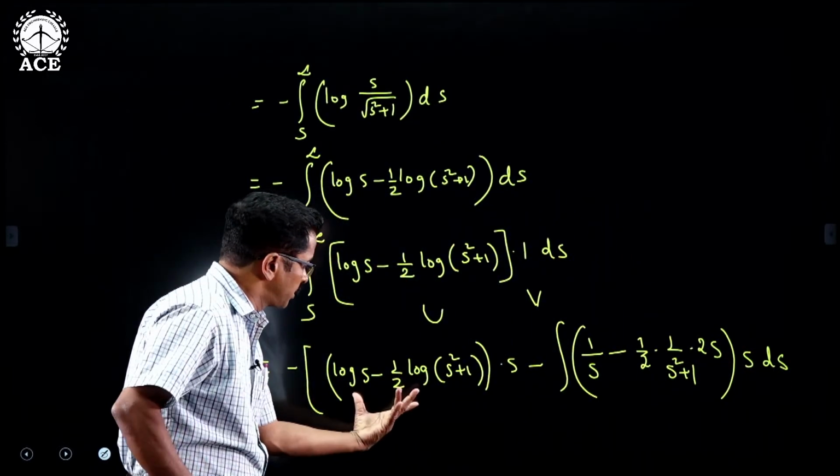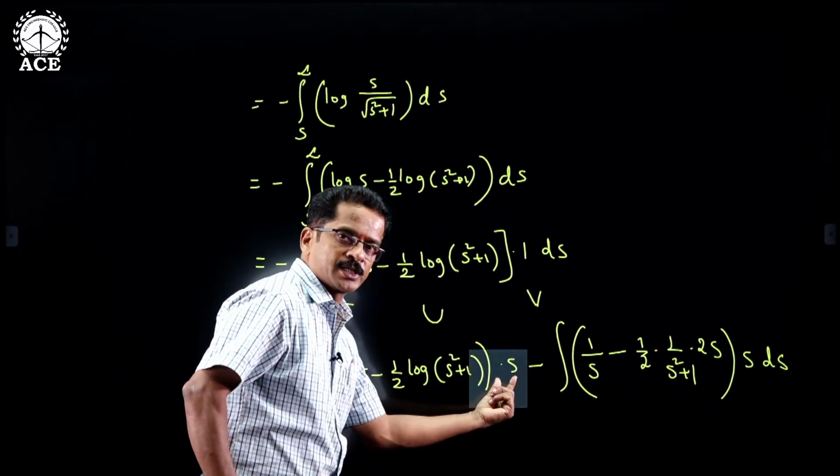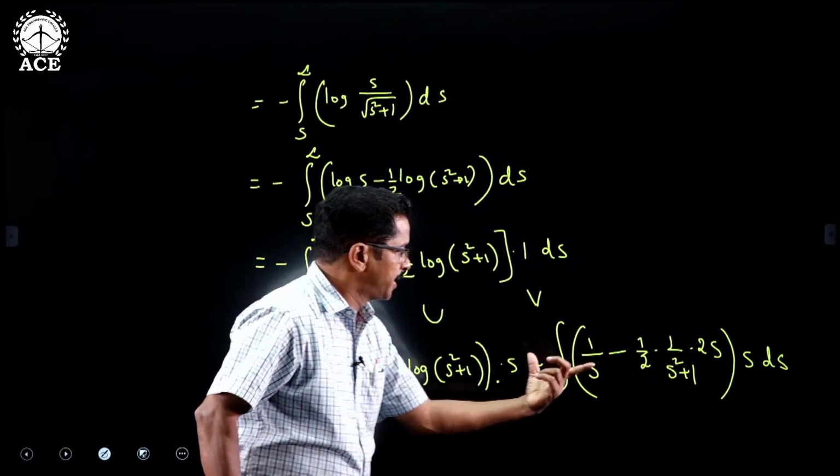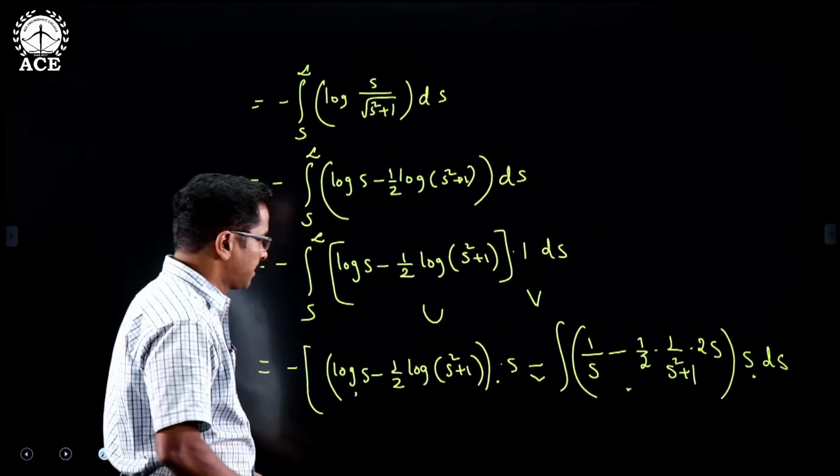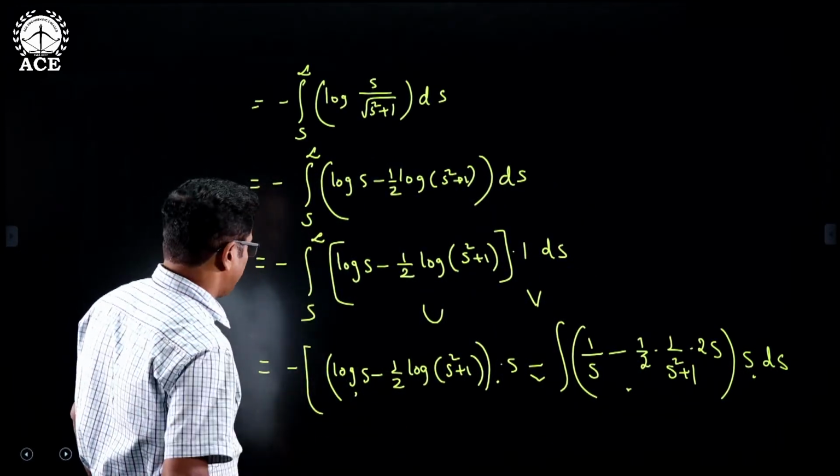This is u and this is v: u into integration of v dx minus integration of differentiation of u into integration of v. Integration by parts I applied.